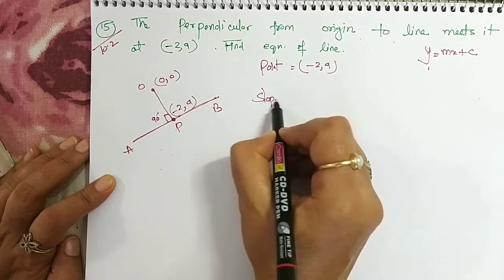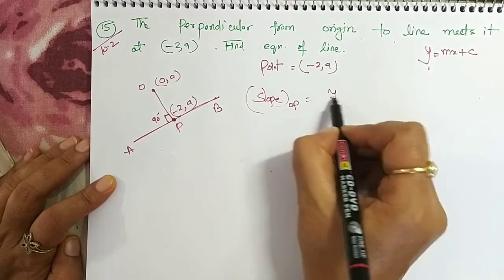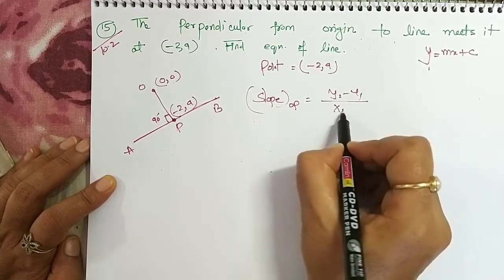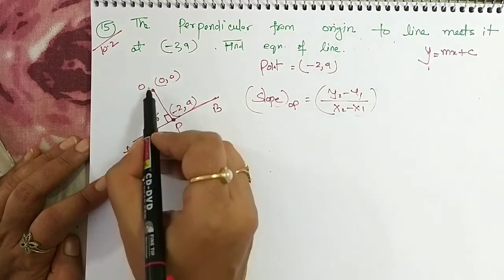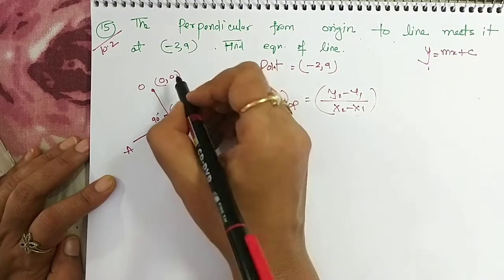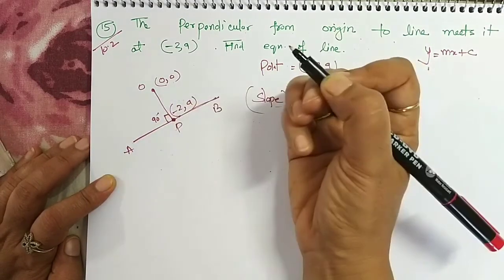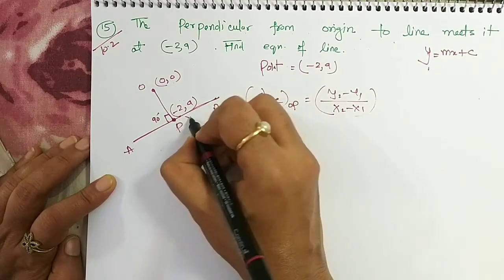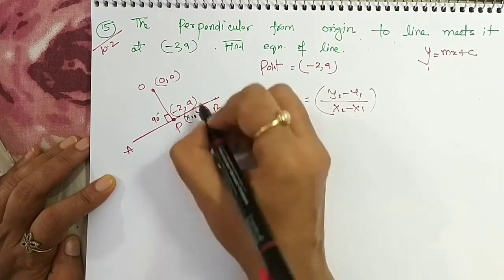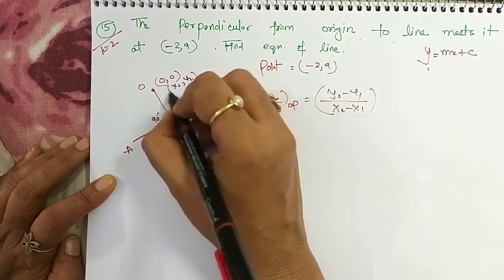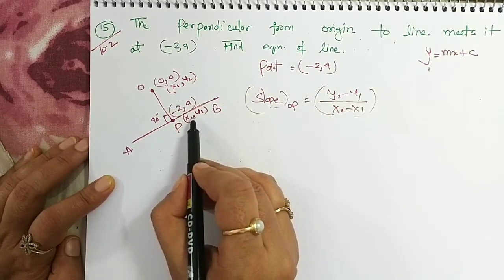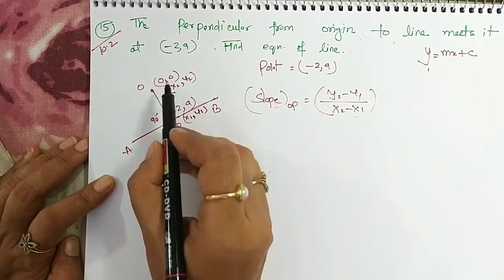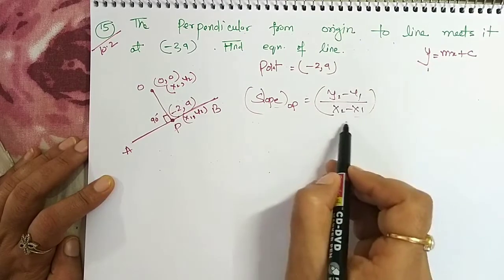So what will be slope of OP? It will be y2 minus y1 over x2 minus x1. I am finding out for this. So for some time I am calling it x1 y1 and it is x2 y2. If by mistake you call it x2 y2 and this x1 y1, even then we get the same slope. So don't worry, right?